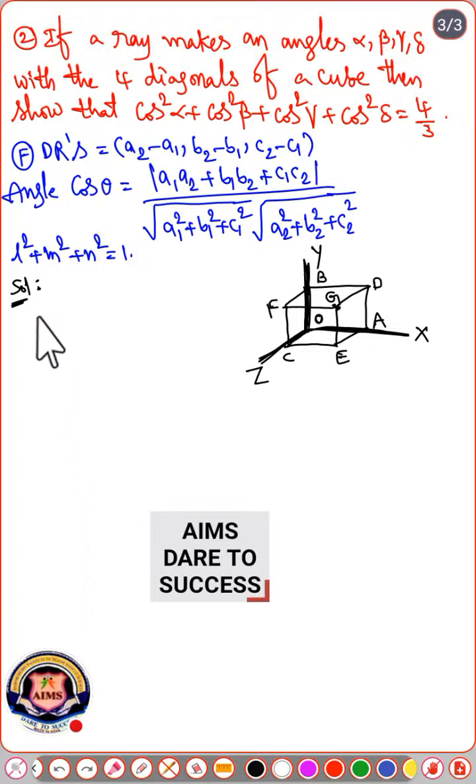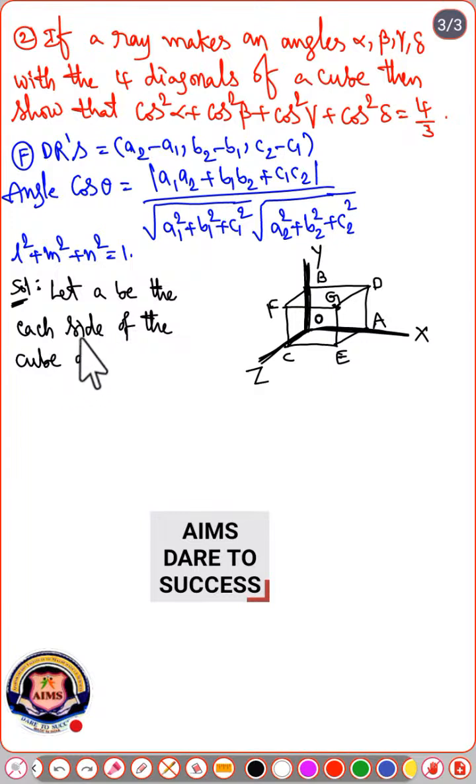First we can write it as: let small a be the length of each side of the cube. Each side value is a.